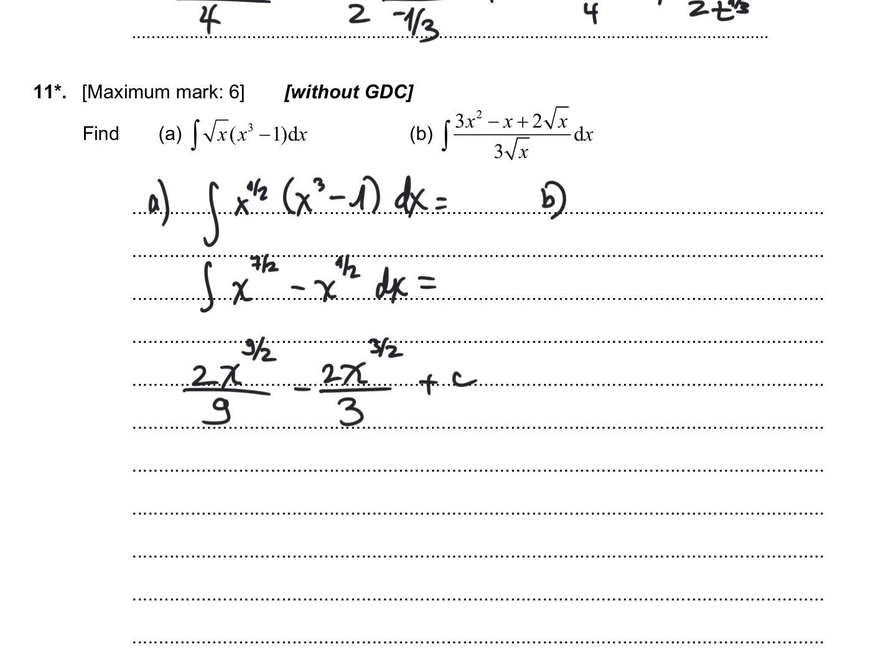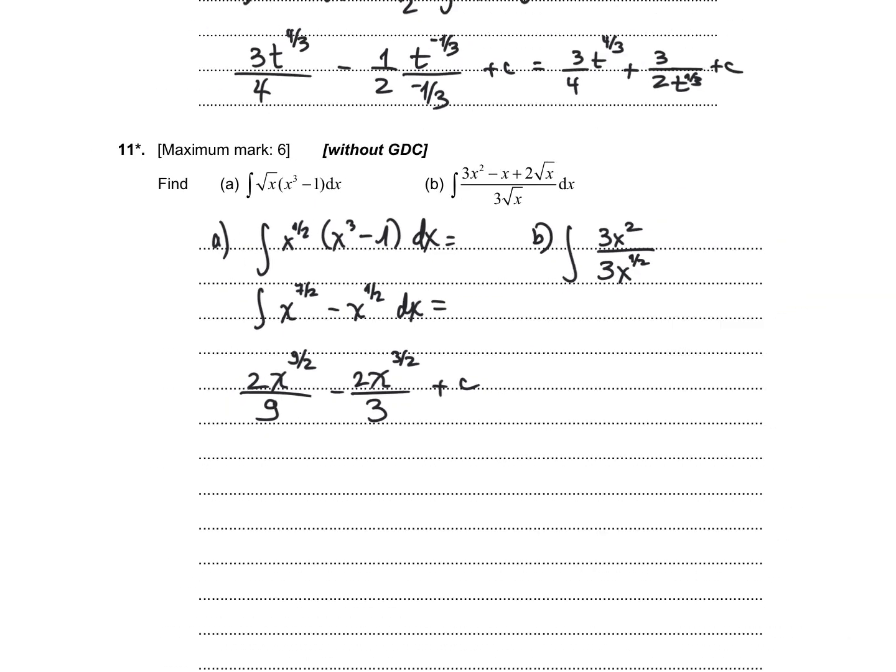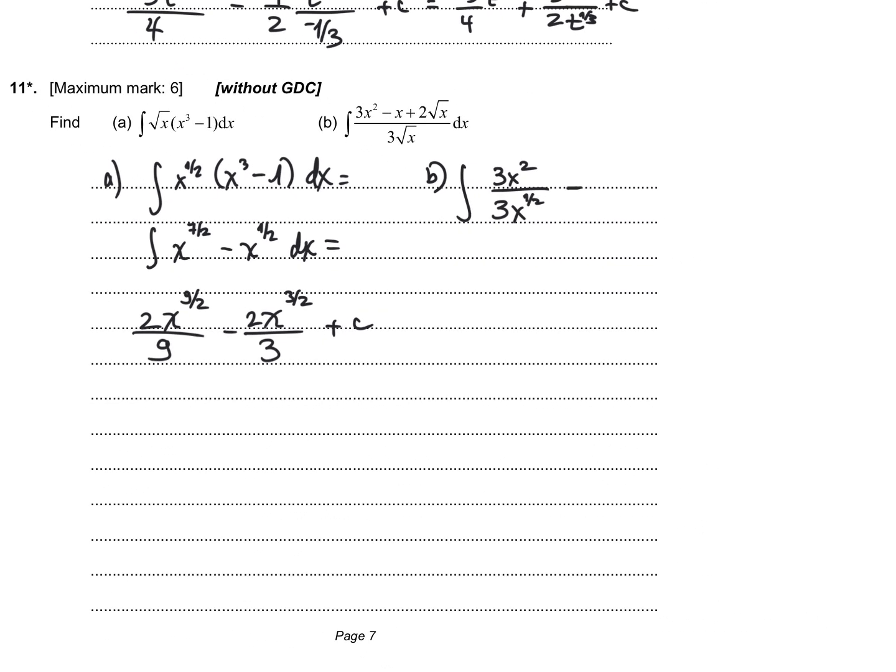And then for b, we're going to have to divide each of these. So we're going to have 3x squared over 3x to the 1/2. And then we're going to have minus x over 3x to the 1/2 plus, and I'm just going to put 2/3 because the square root of x will cancel.